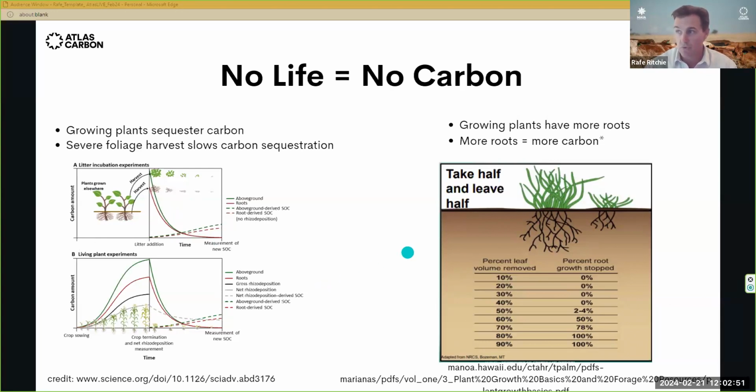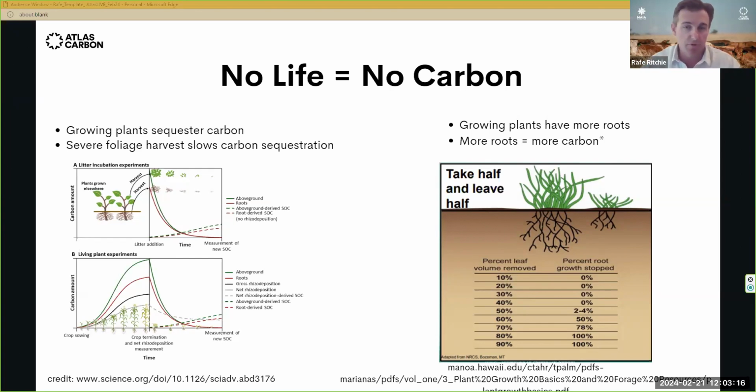If we move across to the next chart, this is a corker. It's an oldie but a goodie, and it's been trotted around for years, but it's really good. And the numbers there don't lie. Once you prune off more than 40% of your foliage of a grass plant, you start to reduce the root. The roots stop growing, and that's what we need.